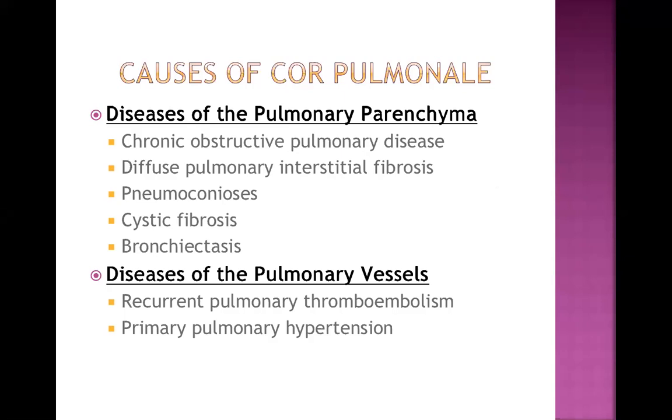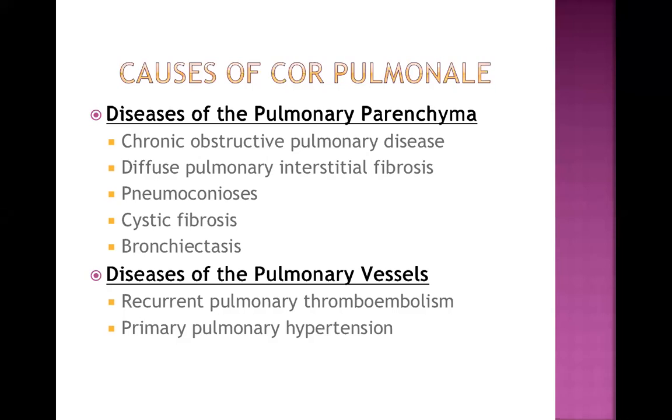Now, one very important question your teacher may ask you: what is the mechanism of cor pulmonale in COPD? Now listen carefully. The mechanism is slightly different from how left-sided heart disease causes right ventricular failure. COPD causes hypoxia.